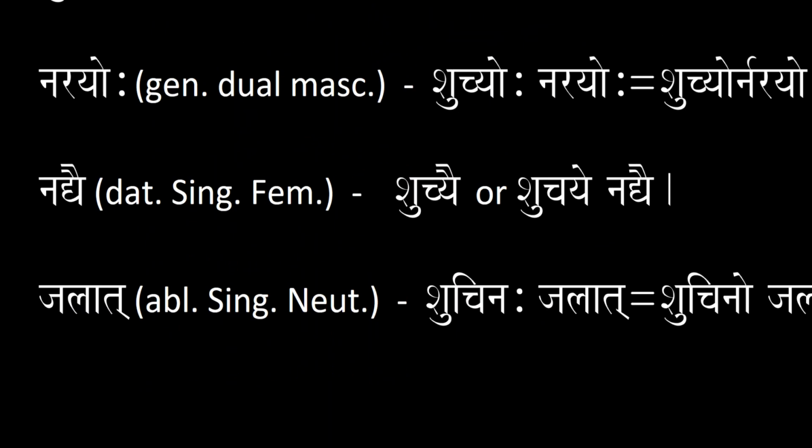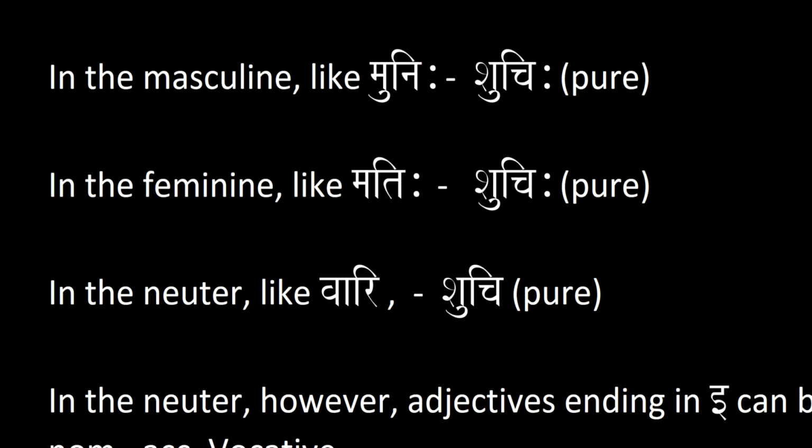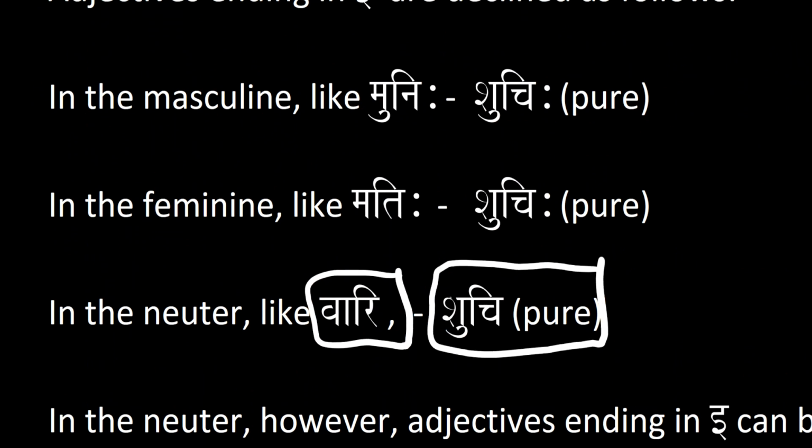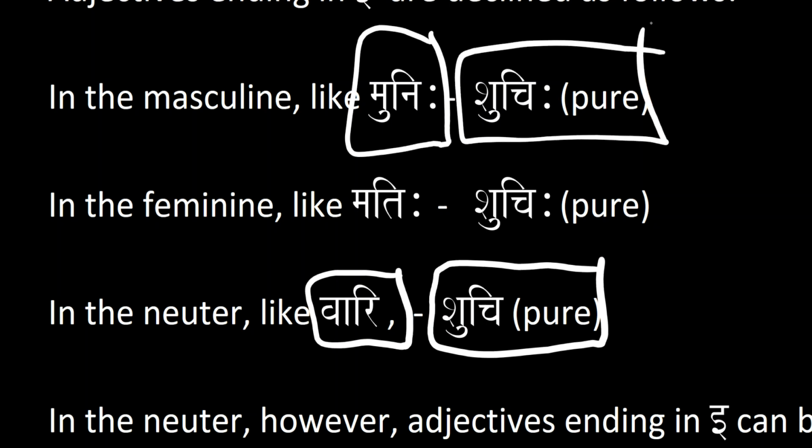Then finally, we have a neuter example. We have jalat, which is ablative, singular, and neuter. Since this is ablative, we can take suchi and decline it either like vari, by changing it to suchi, or like munihi, by changing it to suchihi.